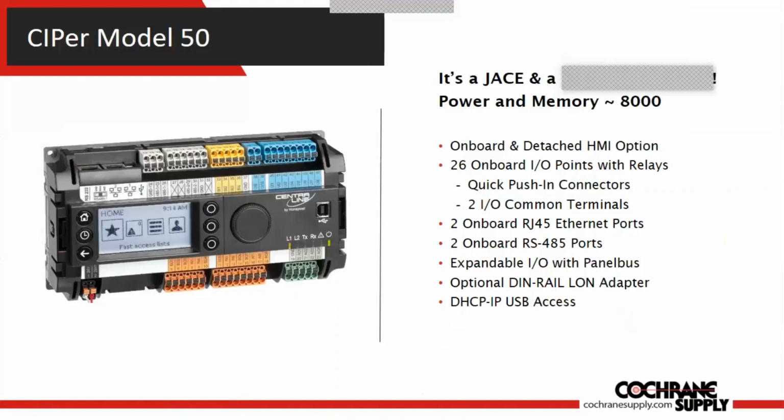There's also an optional DIN rail LAN adapter that you can use to support LAN applications. And you also have the USB access, as you can see here on the front of the unit.